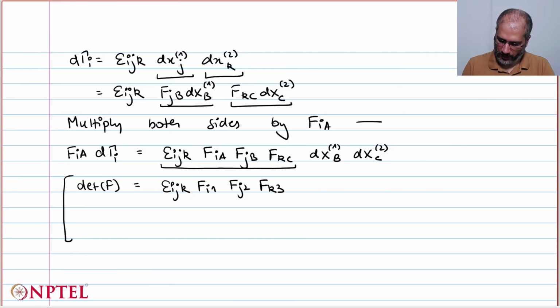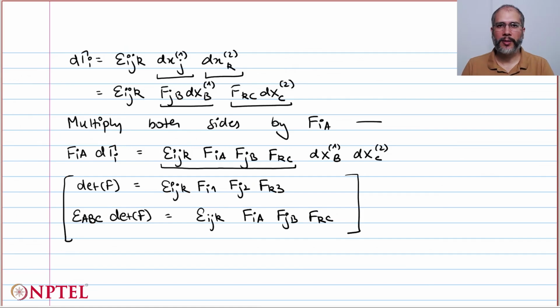Now here you can see that if I do arbitrary row exchanges in the matrix F, then more generally I can write this as epsilon_abc times determinant of F, and that is epsilon_ijk F_ia, F_jb, and F_kc. So you put a equals 1, b equals 2, and c equals 3, you get the expression on the top. But if you do any row exchanges, that are taken care of by the ordering of the indices a, b, and c.